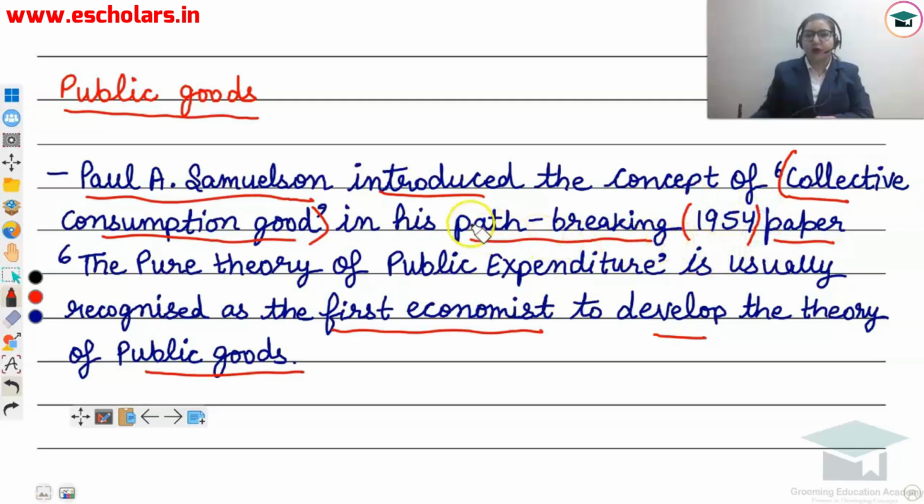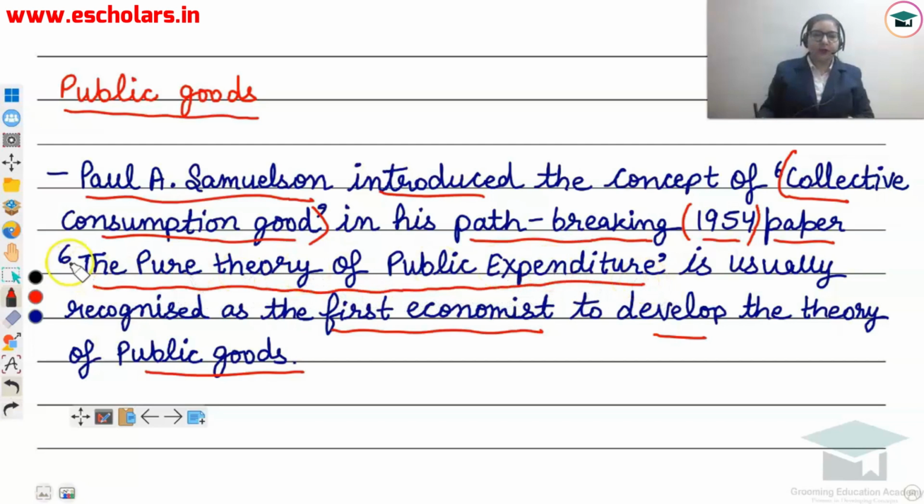1954. Now, what do you mean by path-breaking paper? The paper which introduced something new in the market, or you can say which introduced something new in the economy. So, Paul A. Samuelson introduced the concept of public goods in his path-breaking paper which was published in the year 1954, and the name of the paper was The Pure Theory of Public Expenditure.